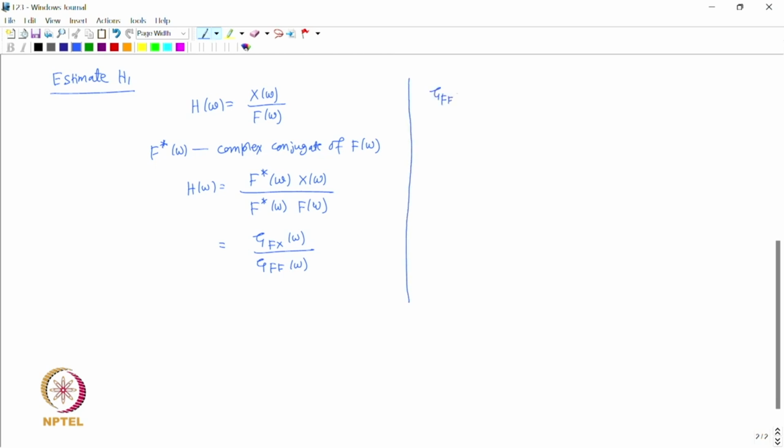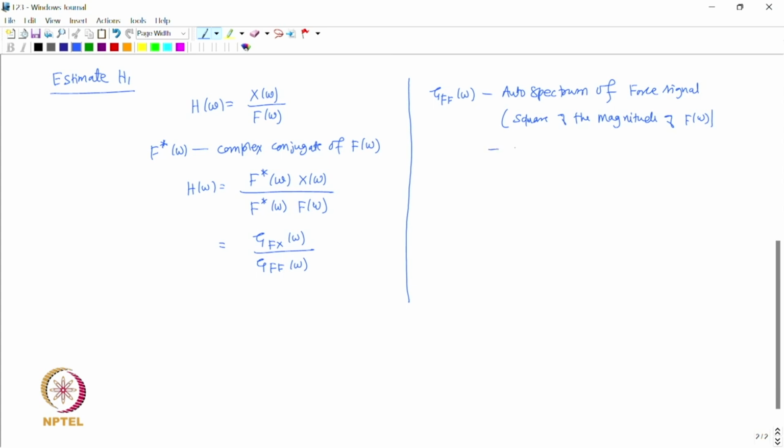GFF is called the auto spectrum of force, okay, it is the auto spectrum of the force signal, and it is nothing but the square of the magnitude of the spectrum F of omega, right, and this has only magnitude, it does not have any phase, right.